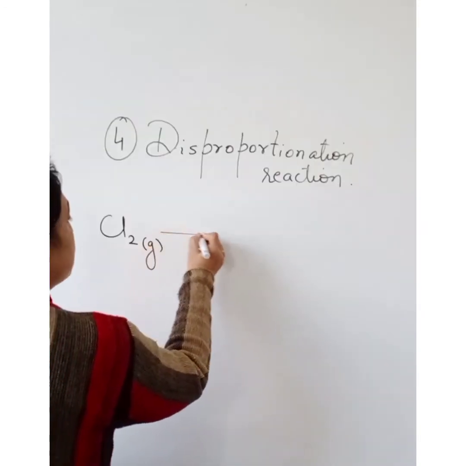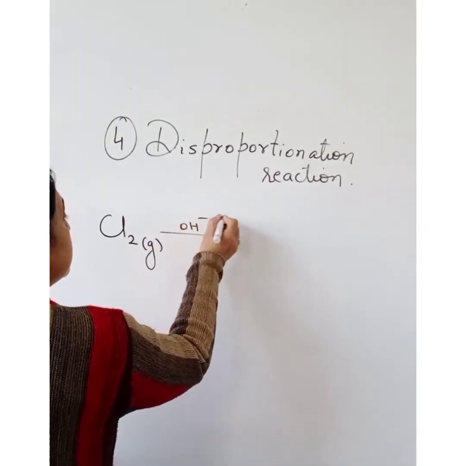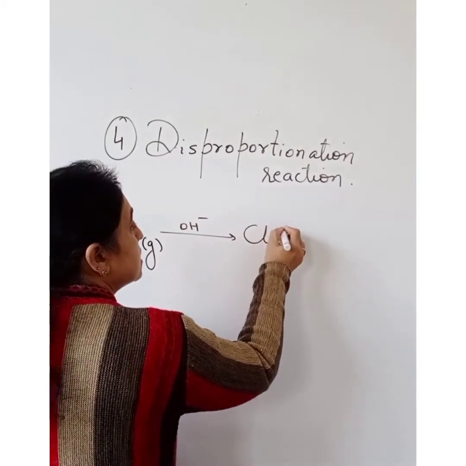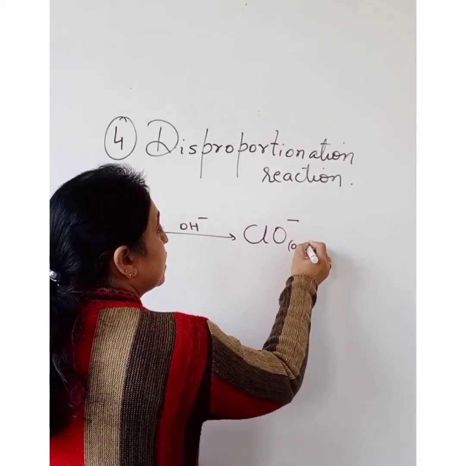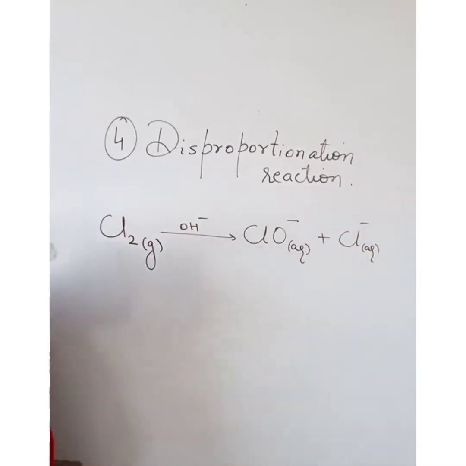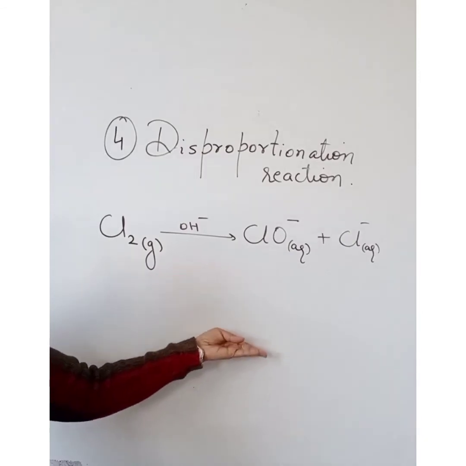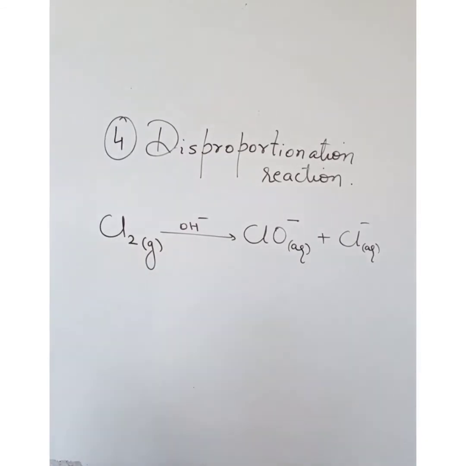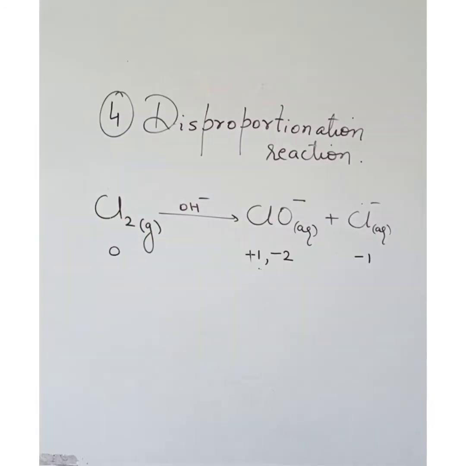Cl2 gas in basic medium forms ClO minus aqueous plus Cl minus aqueous. Now, first of all, let us write down the oxidation number of all the elements present in this reaction. Cl2 is present in free state, so oxidation number is 0.